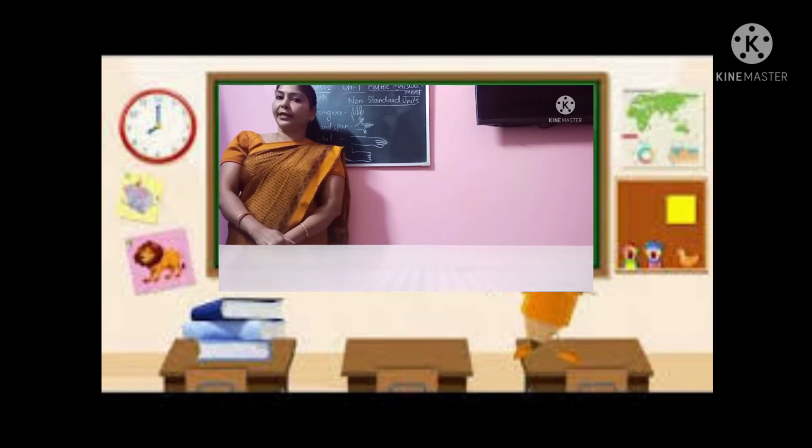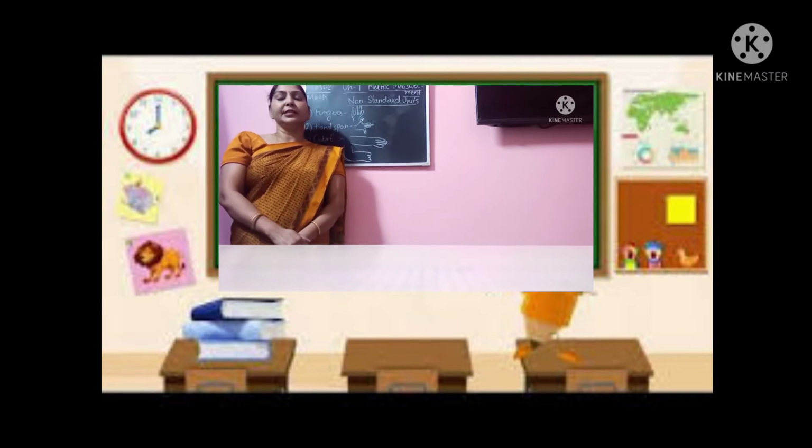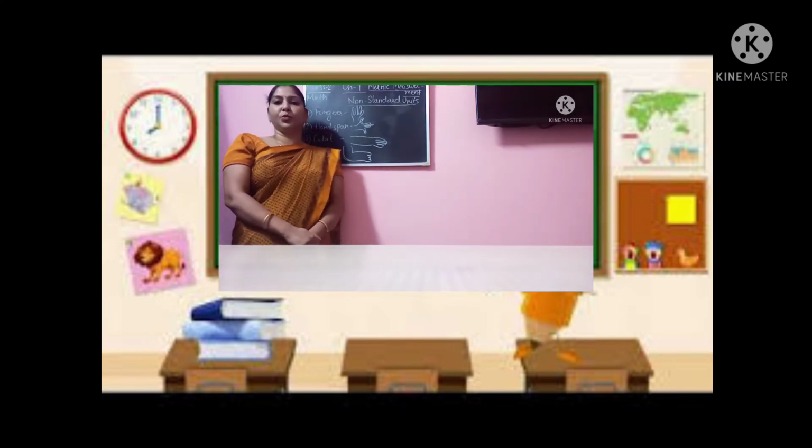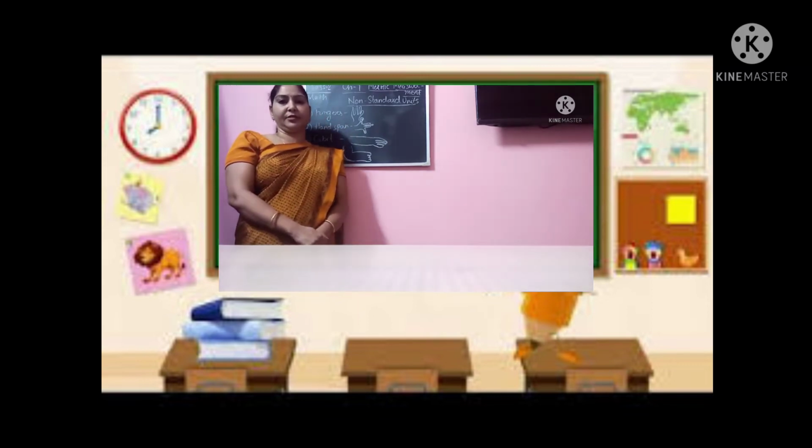But do you know one thing? Before we discovered all these units, in ancient times, in olden times, there were no such units, no standard units were there. Then in that case, how did people used to measure things?